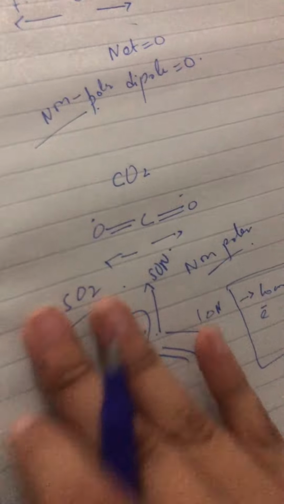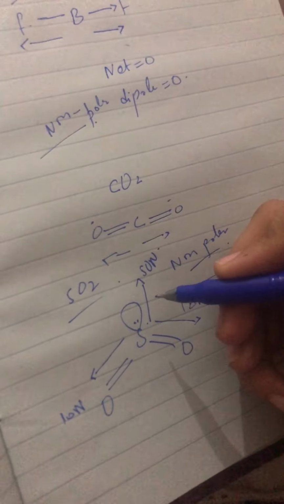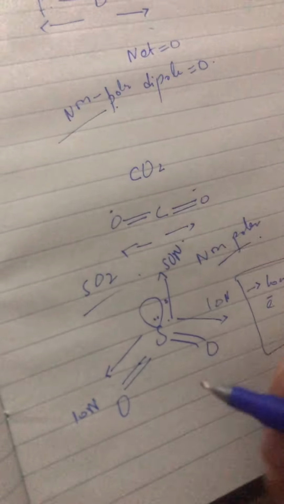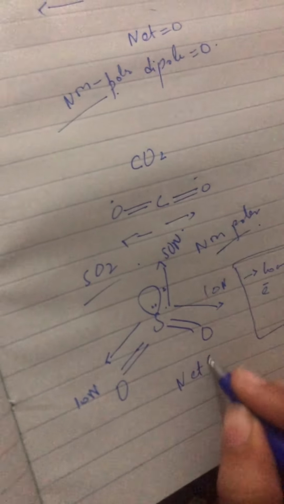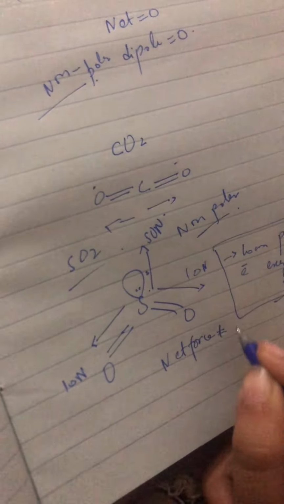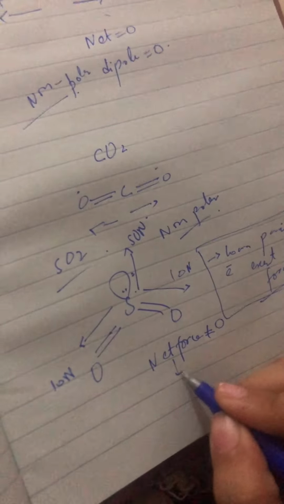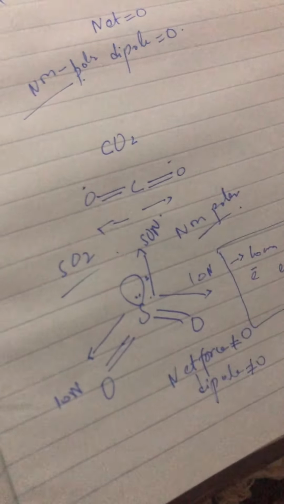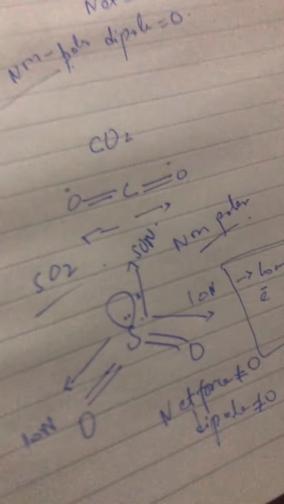So the net force will not equal 0, because from one side there is a maximum force and from the other a lower force. Here we are talking about triatomic molecules, so the dipole will also not equal 0. So this is a polar molecule.